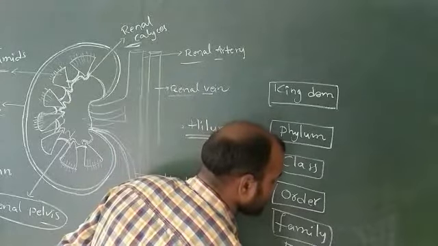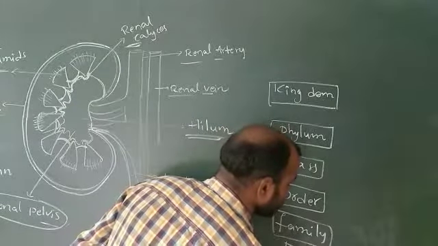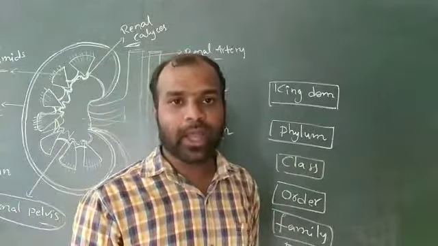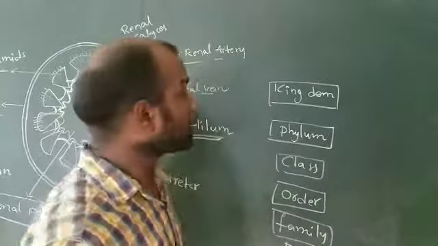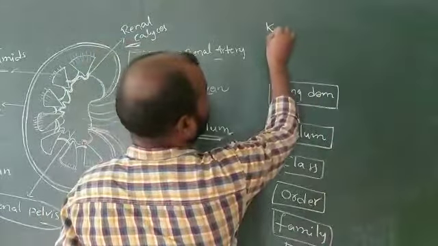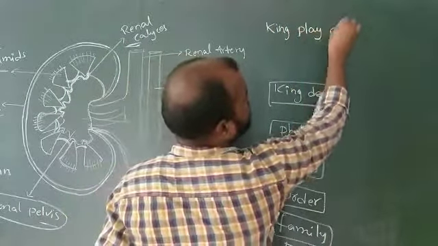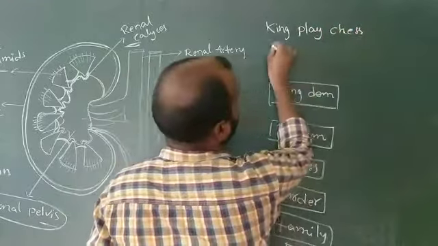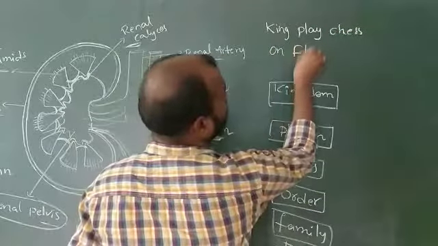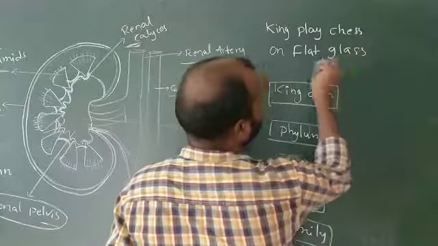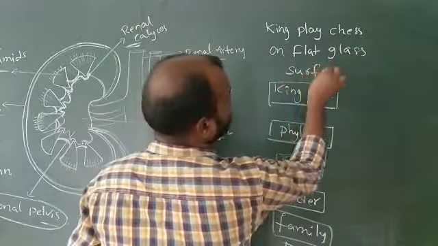To remember this hierarchy of classification in sequential order, I used to give a mnemonic that is called "kings, plate, chess, pawn, flag, glass, surface." Fine.